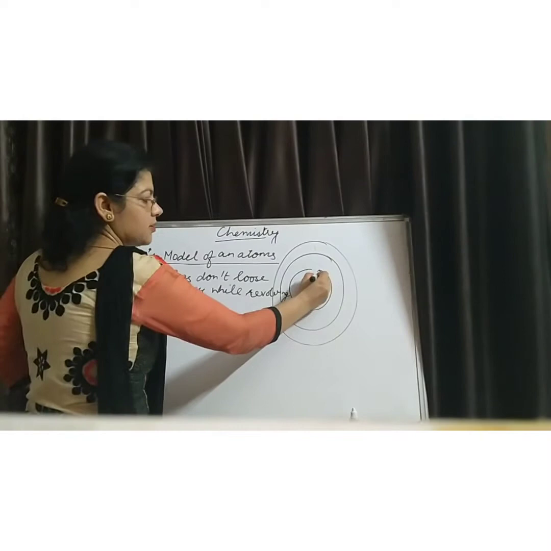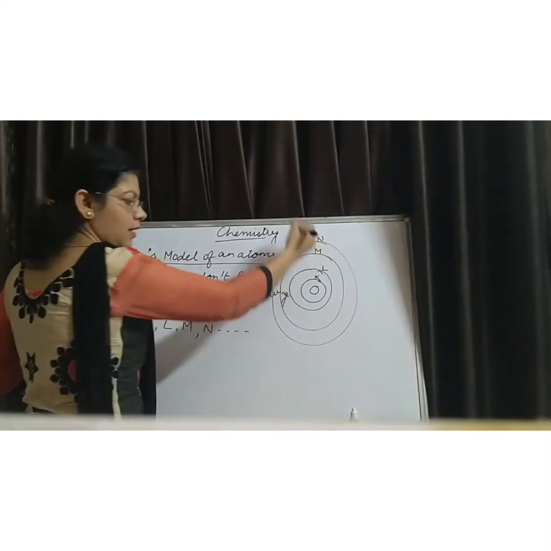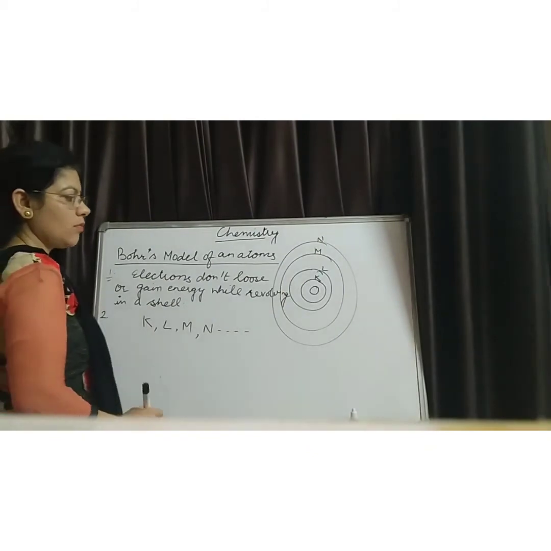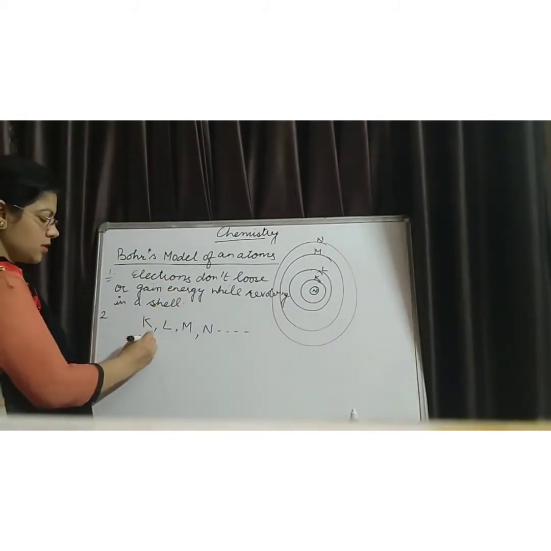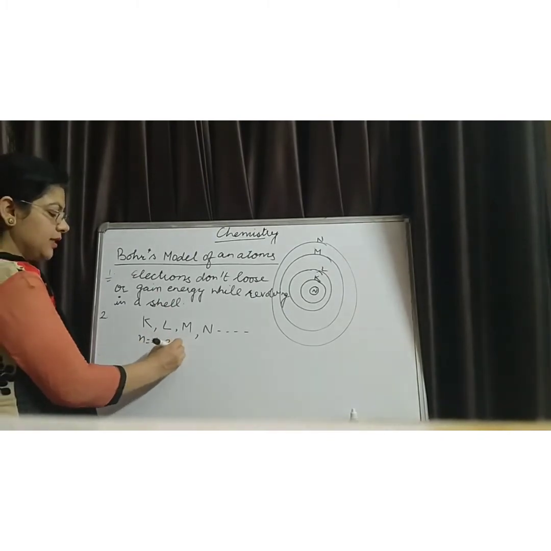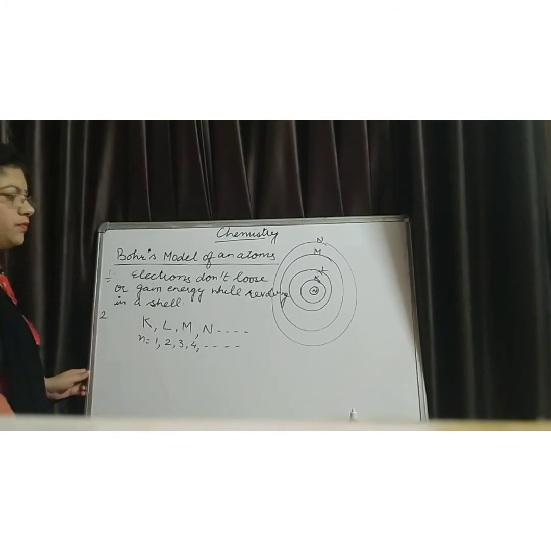Let us consider that this is K, then L, M, N, and so on. Also, these are represented as first shell, second shell, third shell, fourth shell, and so on.